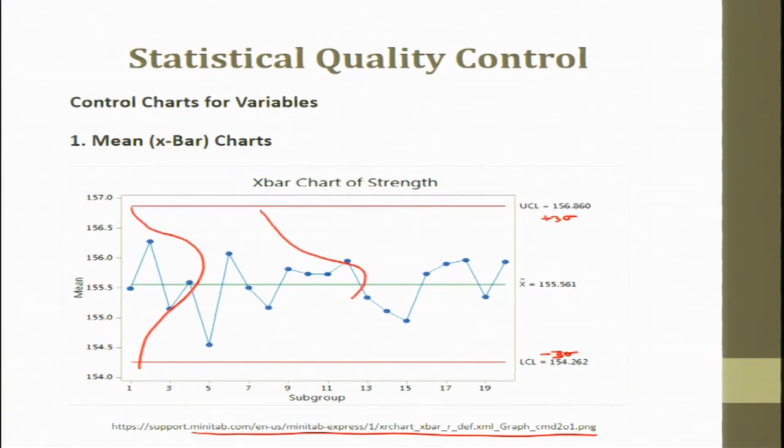When we talk about process capability, we will have more details on this. We can see the whole process, all the 19 samples that we have taken, are within the upper control limit and lower control limit.